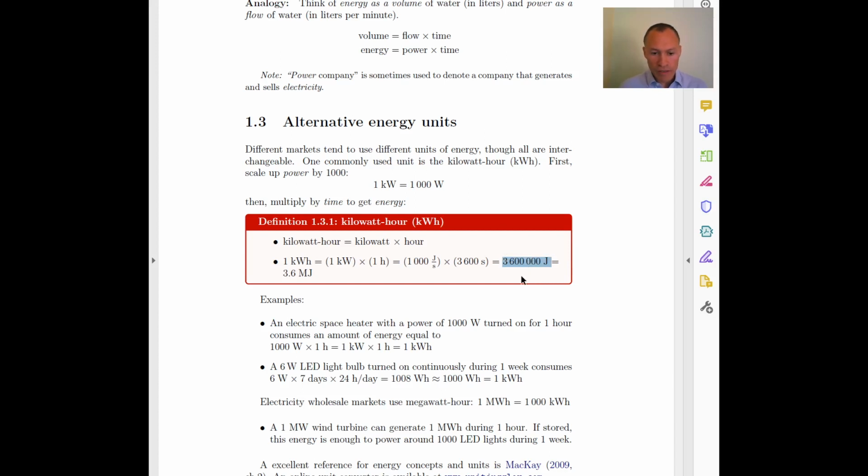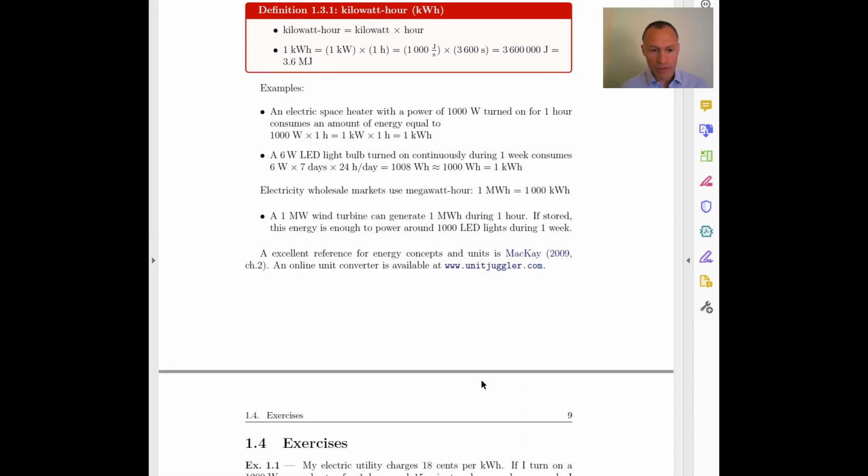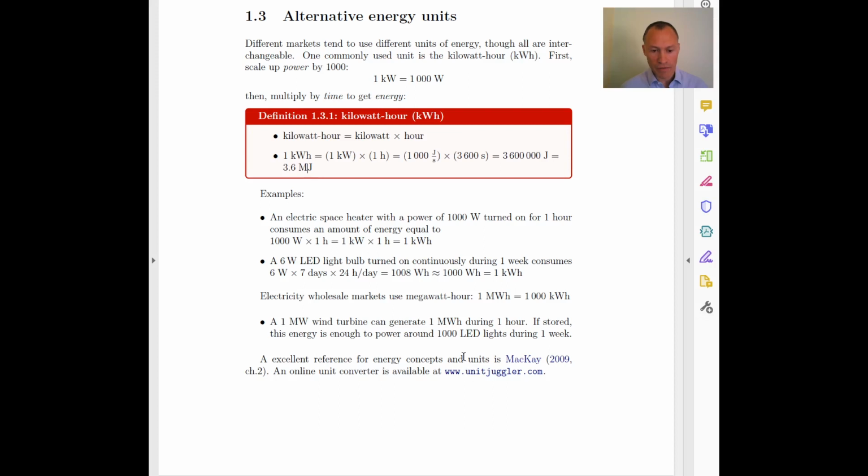To make this simpler to read, instead of writing this big number, we write 3.6 megajoules. M stands for mega, which is 1 million. Then you have here some examples. Go through these examples, and we will talk about this in class if you have any questions.